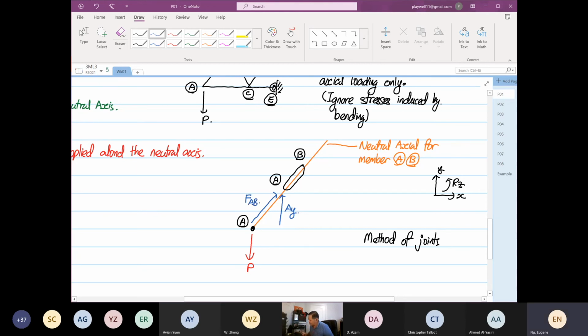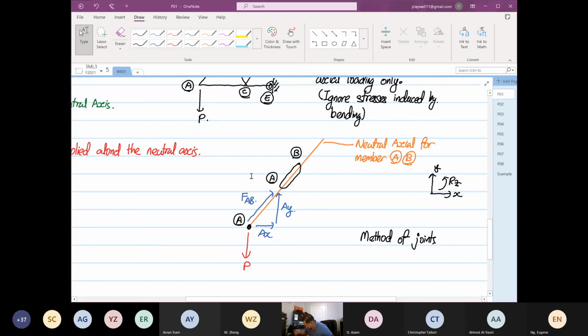Okay, we know that is the resultant reaction, right? So this will be known as our AX. Okay, I want to draw a smaller arrow, sorry. Okay, right, so that is our FAB direction.